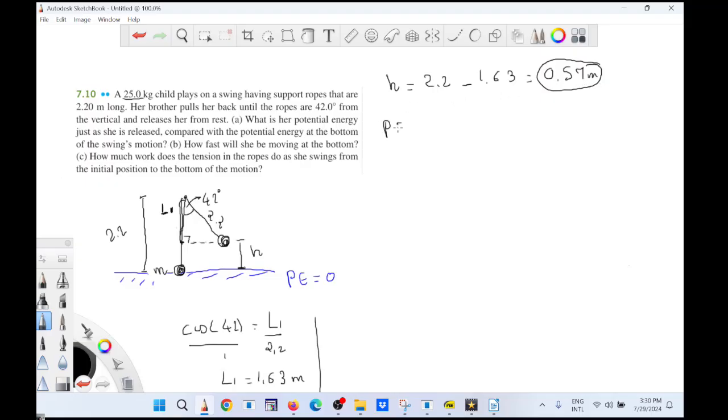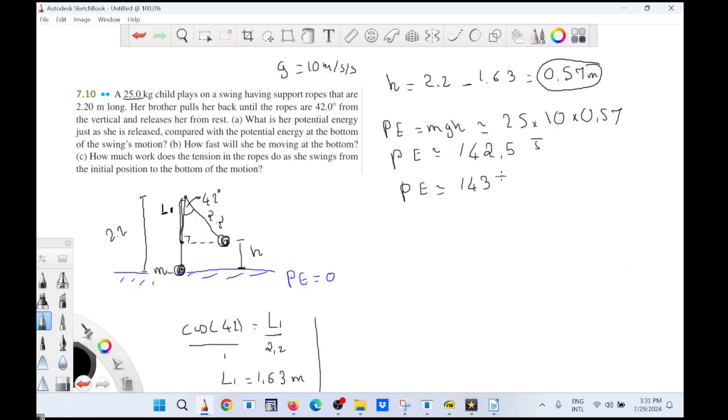So the potential energy relative to the ground is going to be mgh. So it's going to be equal to the mass 25 times 10 times 0.57. I take g as 10 just to simplify. So potential energy is going to be about 142.5 joule. Let's say they want 3 significant figures. So that's going to be about 143 joules.